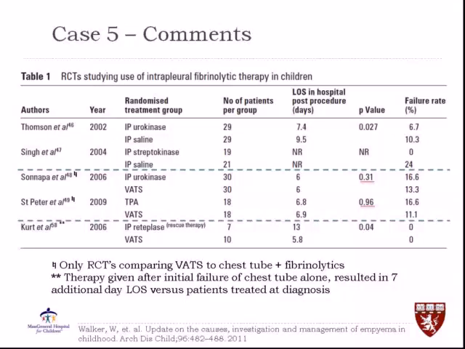Now we know that VATS is probably not indicated in most patients, and I think it is indicated in only a minority of patients. Maybe when that peel sets itself up, you may need VATS, but in all other situations, just putting a small pigtail or a small chest tube and infusing TPA, fibrinolysis, in there.